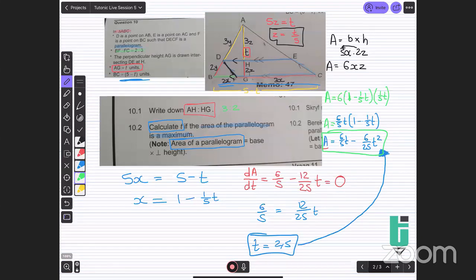It's frowning. So what do you know about a frowning parabola? It has a maximum, right? So you could even predict without having to test. You would know automatically that because this is a frowning parabola, it would have a maximum. So you guys see that? That's quite nice.